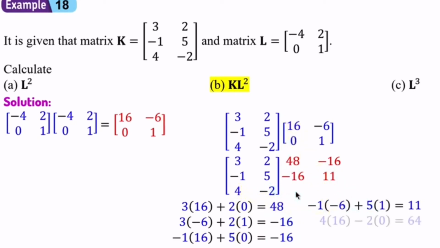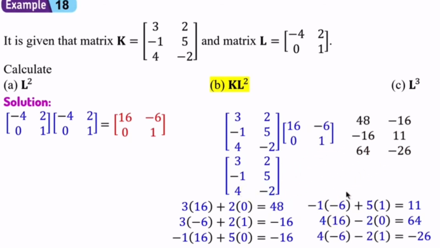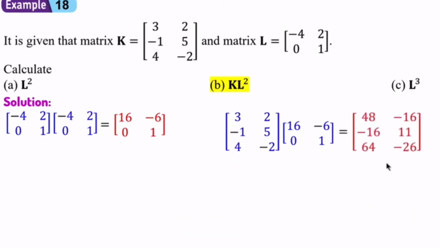So the answer you can write down later to show the product of K times L square. So always list down the steps and double check the steps so that you won't make careless mistakes. Alright, so now the answer is 48, negative 16, negative 16, 11, and 64, negative 26.